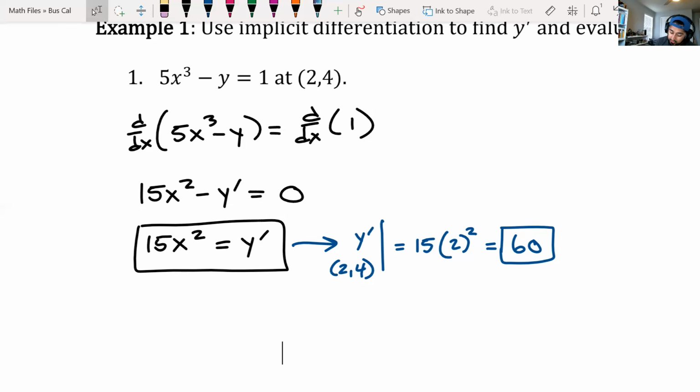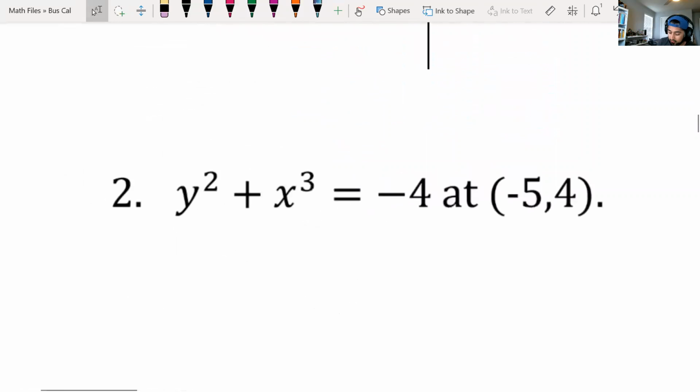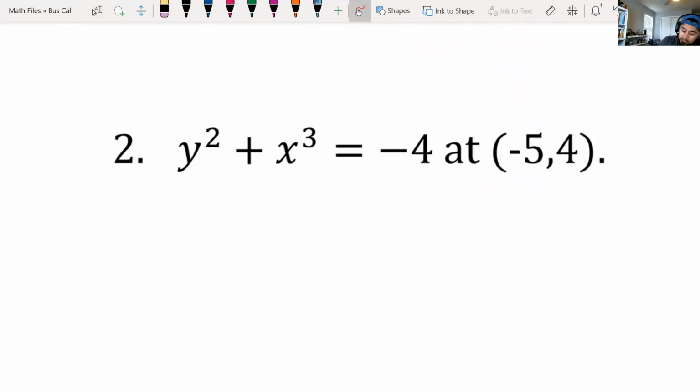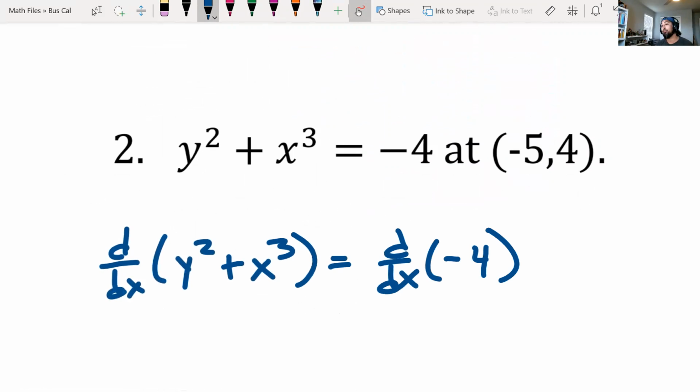All right. Let's try it again. Okay. So again, we'll start off. We'll say d over dx of y squared plus x cubed equal to d over dx of -4. Again, once we do the implicits, our goal is to solve for y prime.